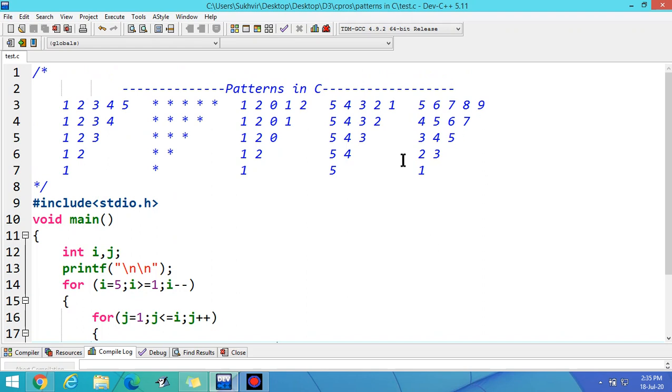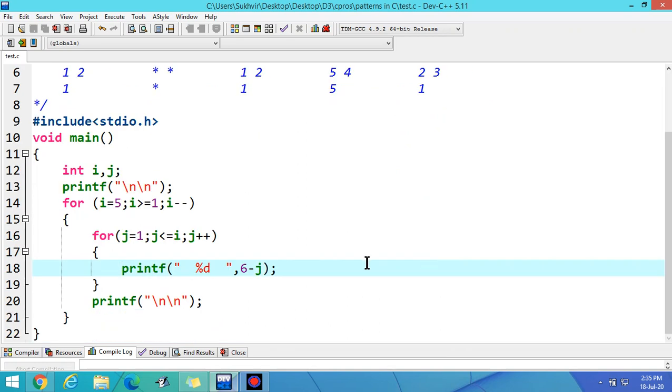Now what about the last one? 5, 6, 7, 8, 9, then 4, 5, 6, 7. To understand this content, suppose I print both the values of i and j so that I can understand what the requirement is.